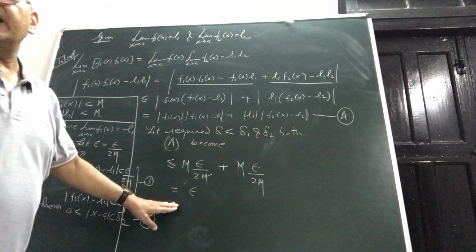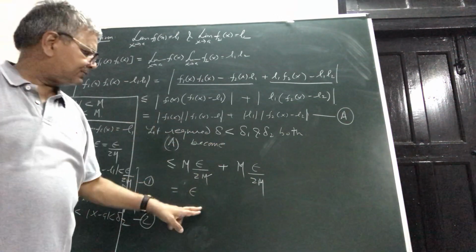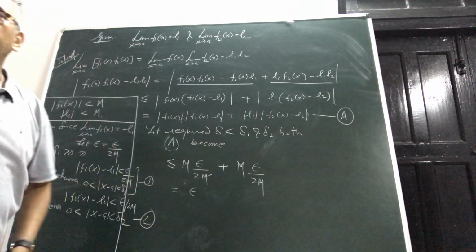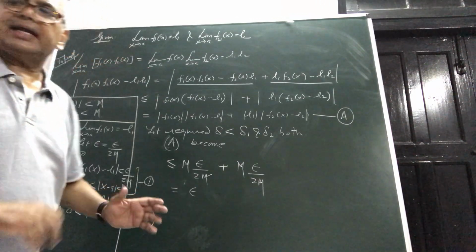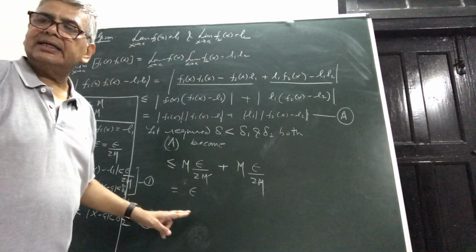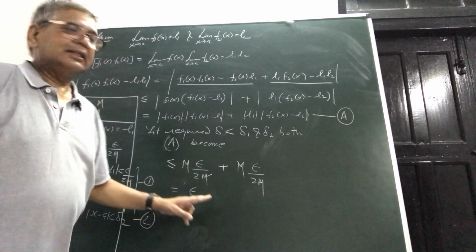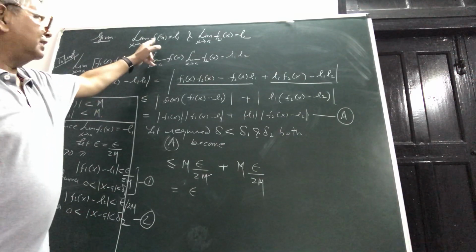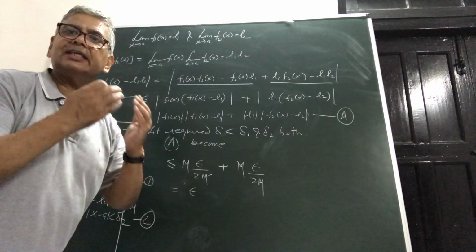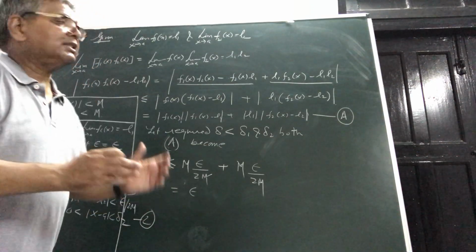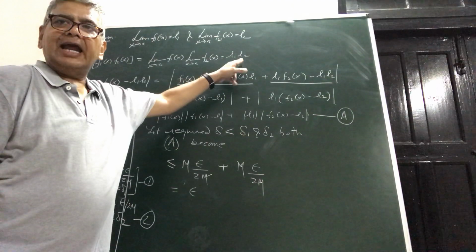So what we have been able to establish is that given any epsilon, we are in a position to find a delta such that whenever x lies within this deleted delta neighborhood, our function, that is the product of f1(x) into f2(x), will have limit L1 L2.